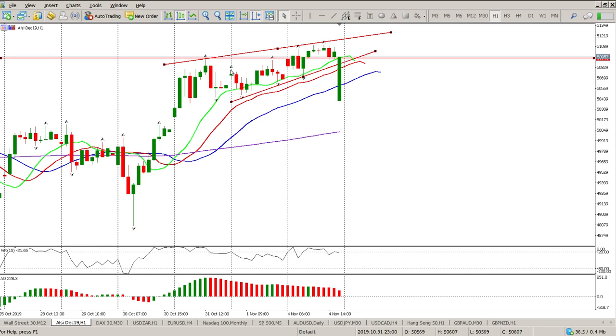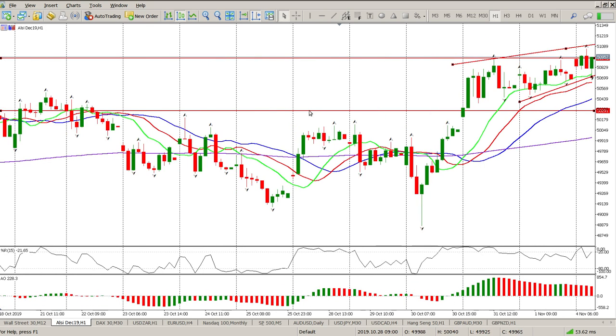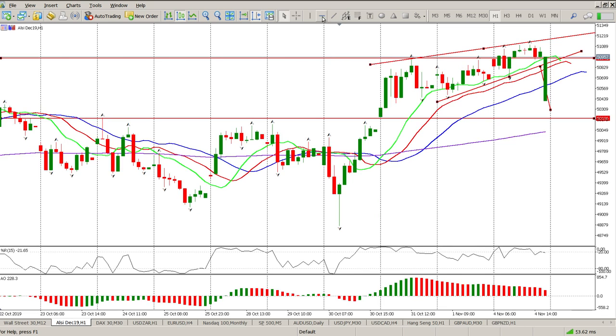And this wedge, I would say we bring it back into this area here.